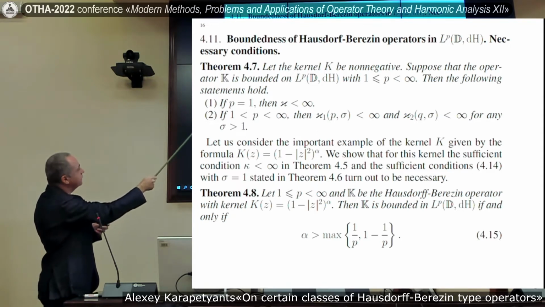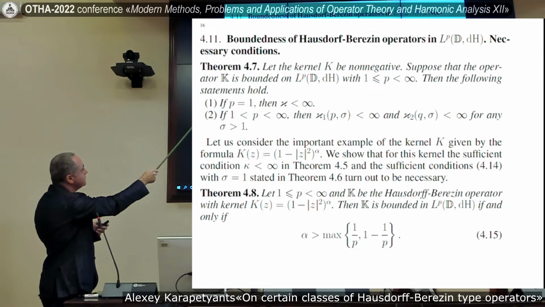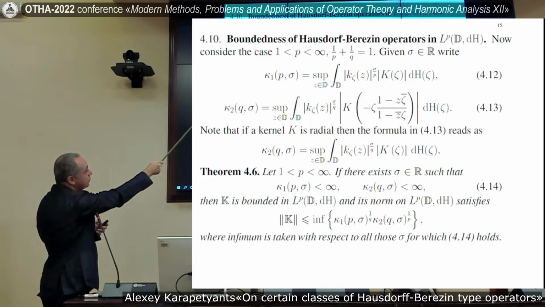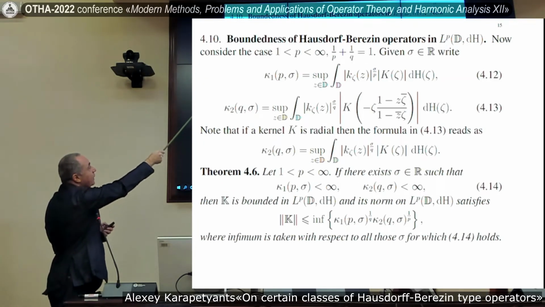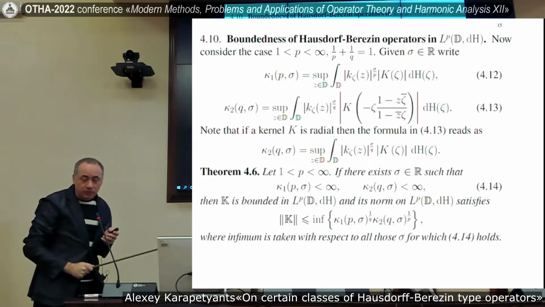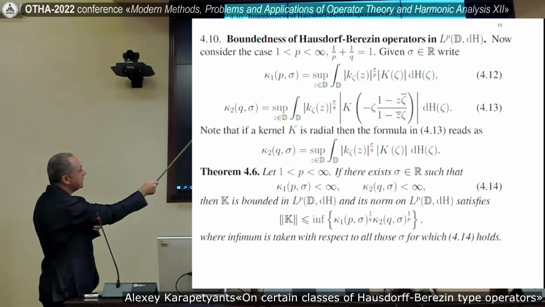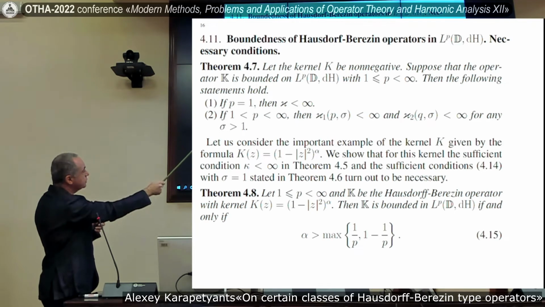Well, I don't waste space here. I don't write kappa 1, kappa 2, but you see kappa 1, kappa 2 are the same as K1, K2, but with supremum replaced by infimum. Okay? So these are kappa 1, kappa 2 with infimums.